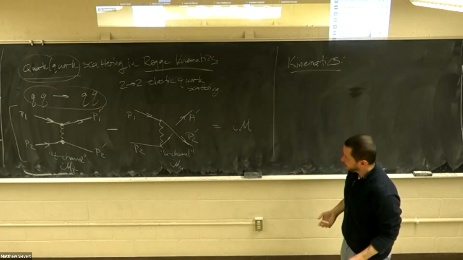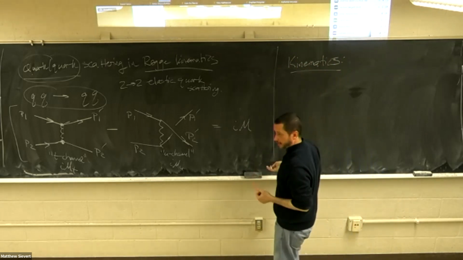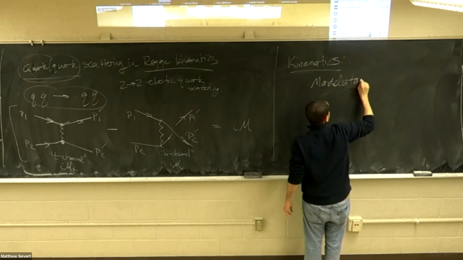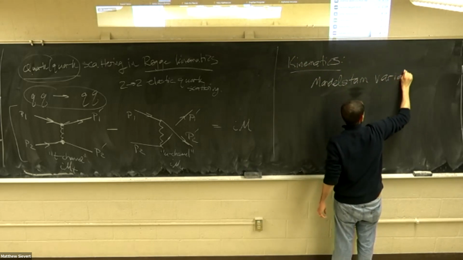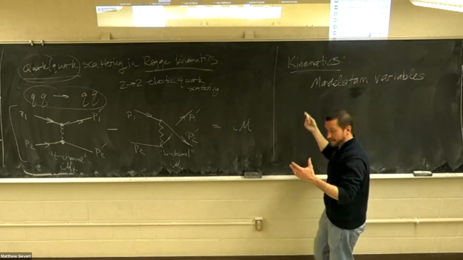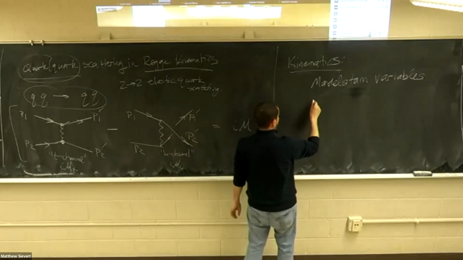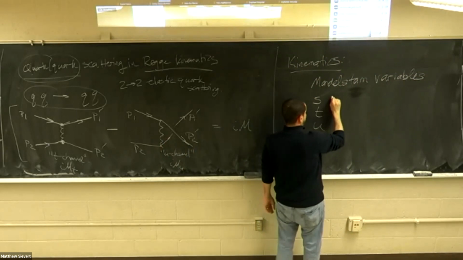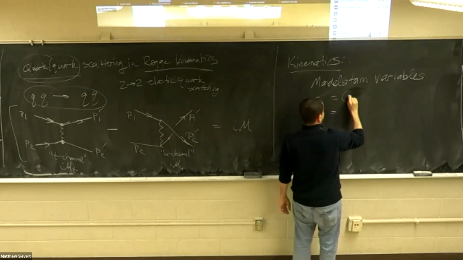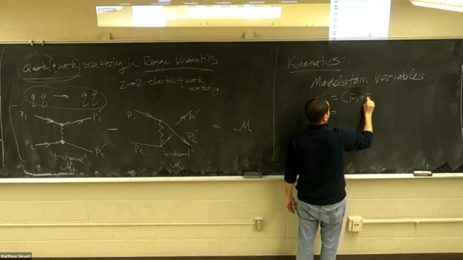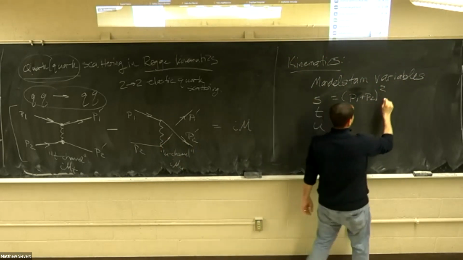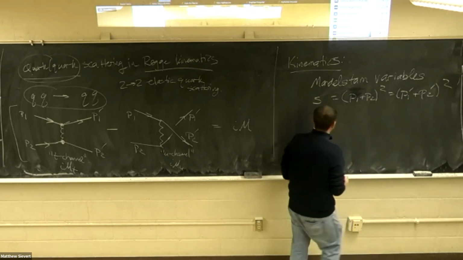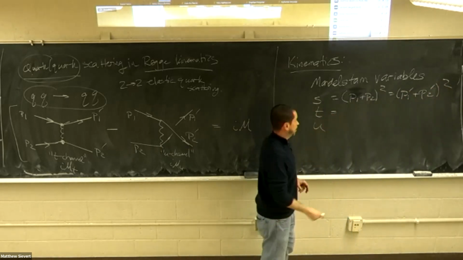If you calculated 2-to-2 scattering amplitudes, you surely encountered the Mandelstam variables, which are the most natural compact way of describing the kinematics. For a 2-to-2 process, I can define three Mandelstam invariants, S, T, and U. S is the invariant center of mass energy, (P1 plus P2) squared, and by momentum conservation, that's the same thing as (P1 prime plus P2 prime) squared. T is the invariant momentum transfer.